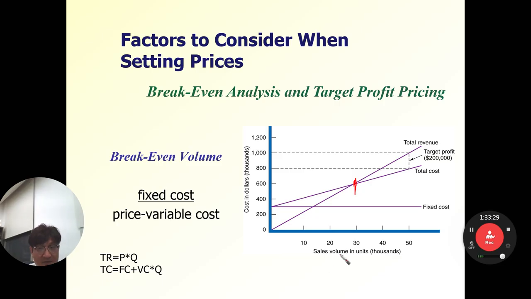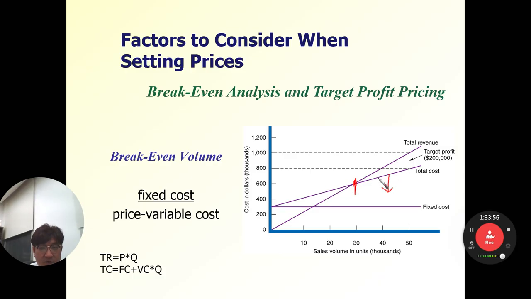There are a couple of ways. One way is we lower this total cost line parallel to the x-axis like this. We lower this line to over here in parallel. Which means what?